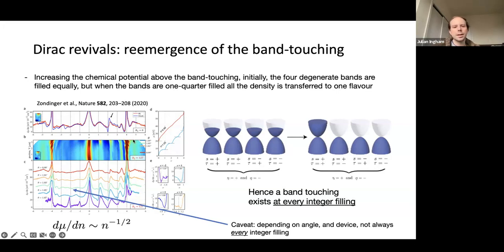I should add the caveat that in experiment, this Dirac revival doesn't happen at all integer fillings, and it tends to happen at different angles for electrons and holes. So in this data here, the different colors are different devices with different twist angle. Starting with red, going to purple, we started at smaller twist angles, so 0.9 degrees, and we finish at larger twist angles, so 1.07 degrees.